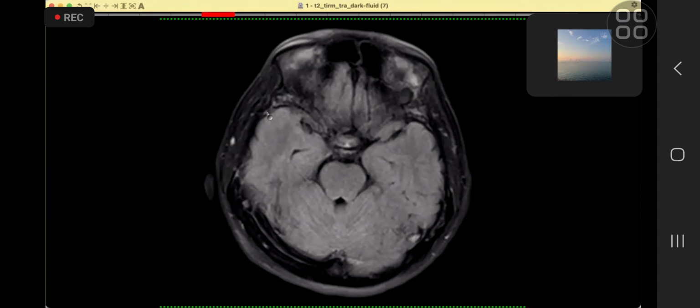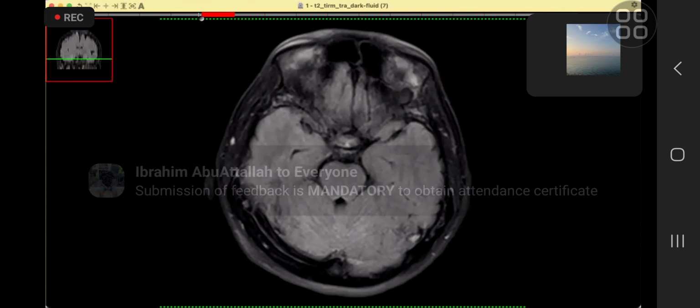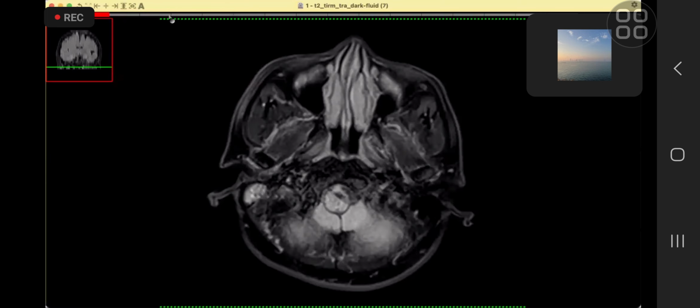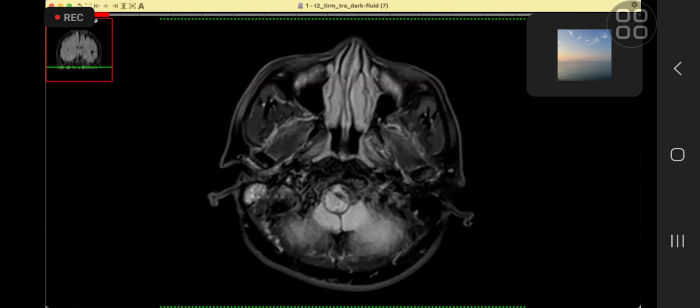Okay, doctor. I request remote control. Okay, doctor. This is an MR images, FLAIR sequence of the head. I'll scroll through the images, then start to comment.